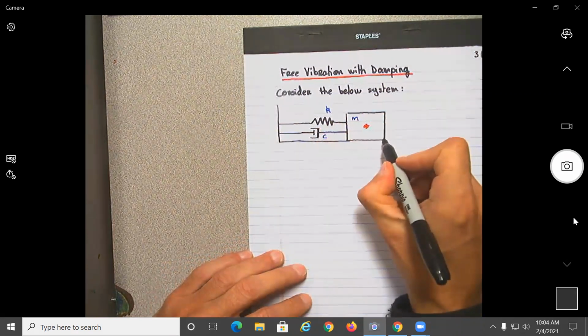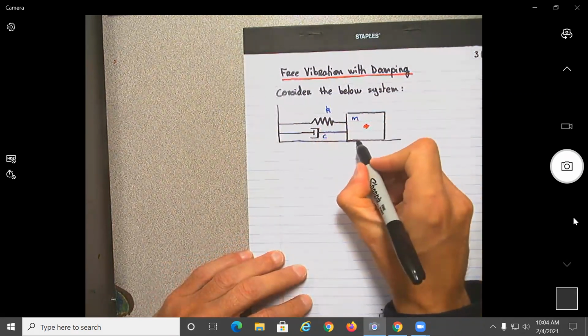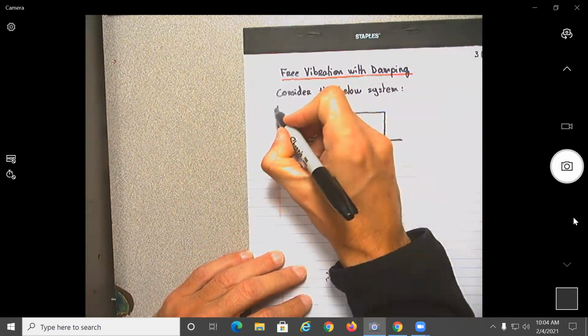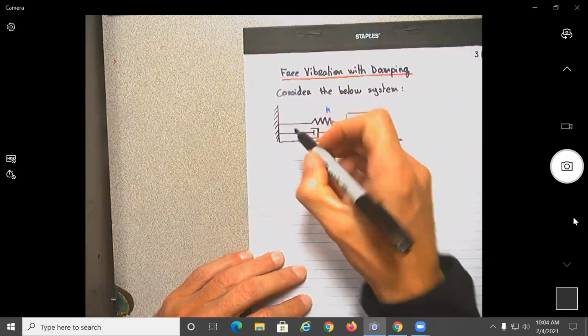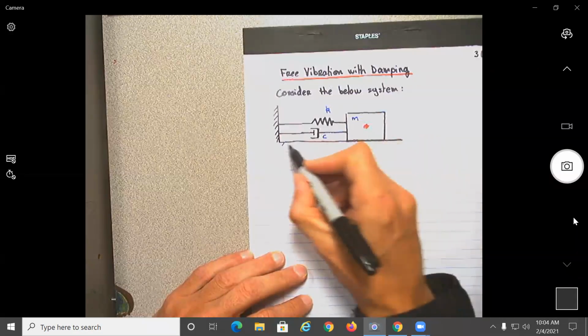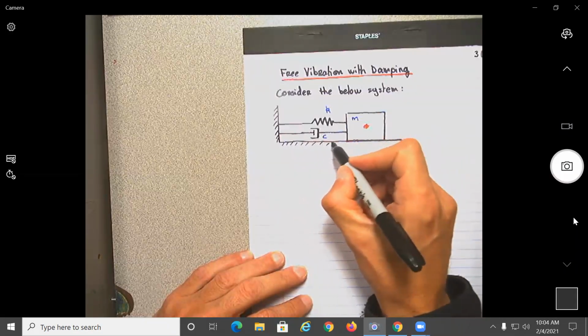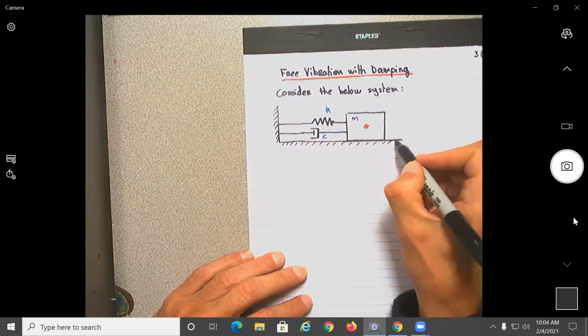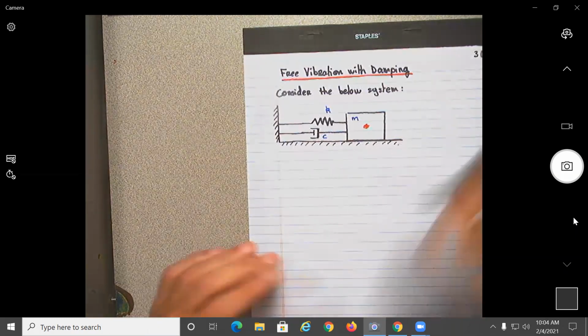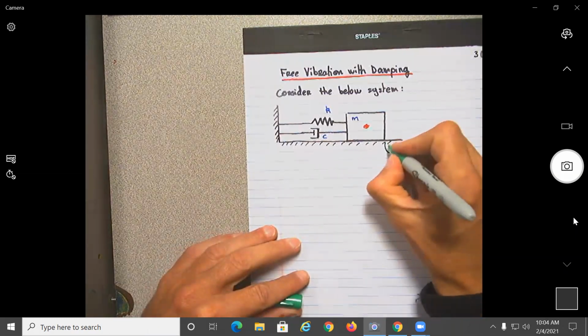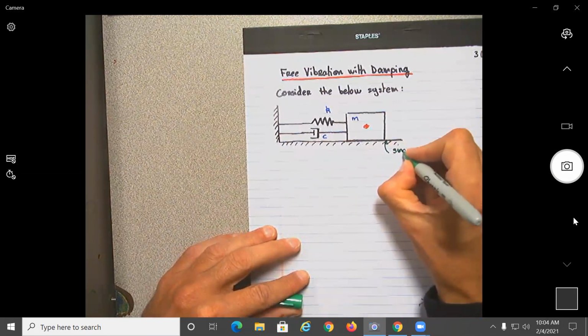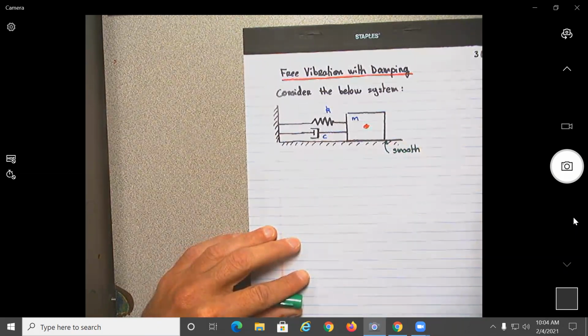This is the ground, and to simplify the equation, let's say this is a smooth surface.